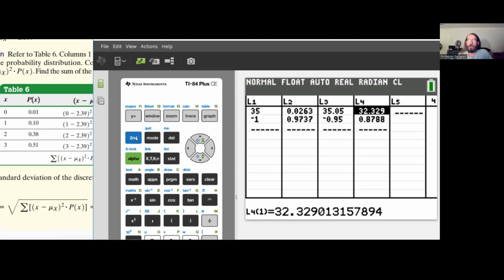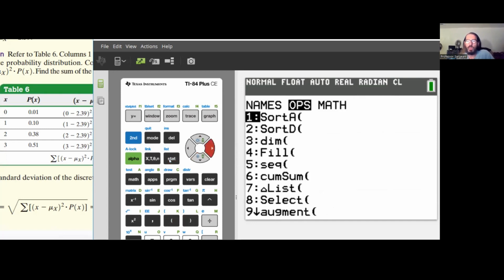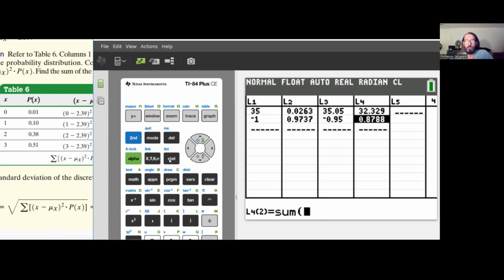We then want the sum. Notice what we're seeing written here is not as detailed as what's showing at the very bottom. So I'm going to let the calculator find the sum of list 4, and then I still need to take the square root of that. Let's get to the home screen.